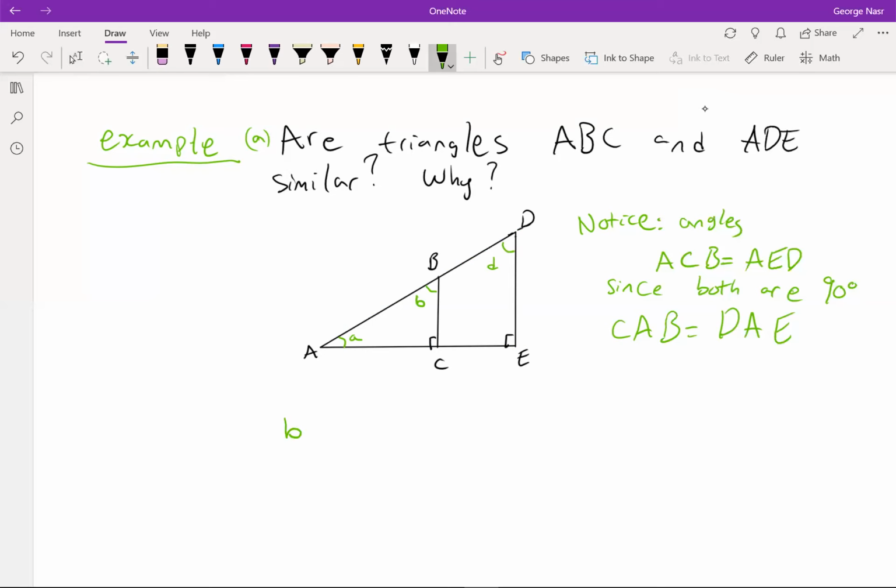Notice that, actually, let's not do it this way. Let's do it like this. So there is some magical things going on here. In particular, because this side here and this side here are both perpendicular to the bottom, this is kind of like an extra fact.